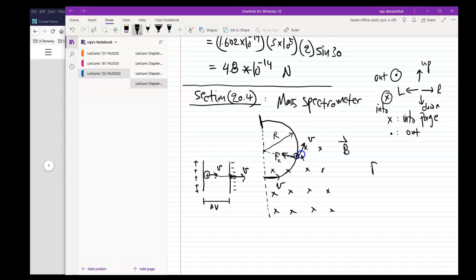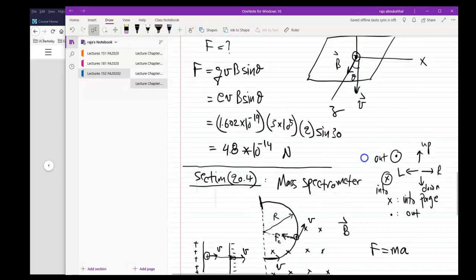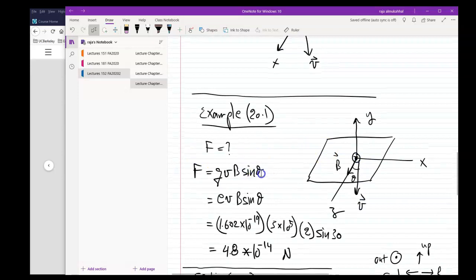And as we know, F equals ma, this is the force on this proton, and the nature of this force is the magnetic force, which we said is equal to QVB right there. Of course, if theta is 90 degrees, which is the case for us, sine 90 is 1. So there is no need to write sine, just QVB.